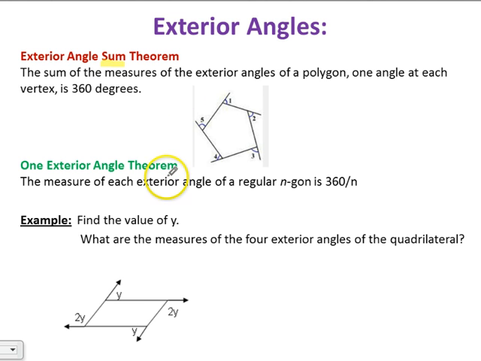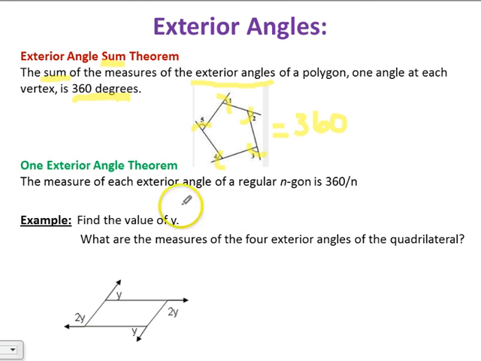So the sum of the exterior angles of a polygon where you have one angle at each vertex is going to be 360 degrees. So if we were to add each of these exterior angles in this polygon, we would get 360 degrees.